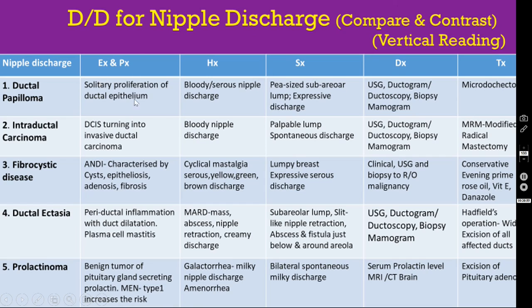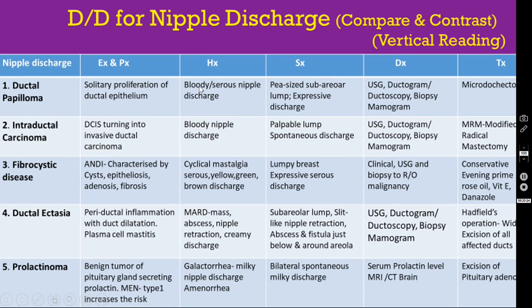Like that, you can read like this. So you can compare the etiology for ductal papilloma with the etiology for intraductal carcinoma. Like that, you can do this vertical reading. By doing that, you can compare and contrast the various things. That is what I was discussing in the previous slide. There are some characteristic diagnostic features for each disease.